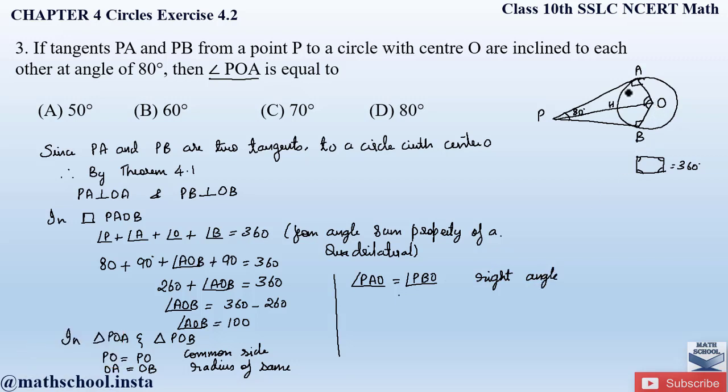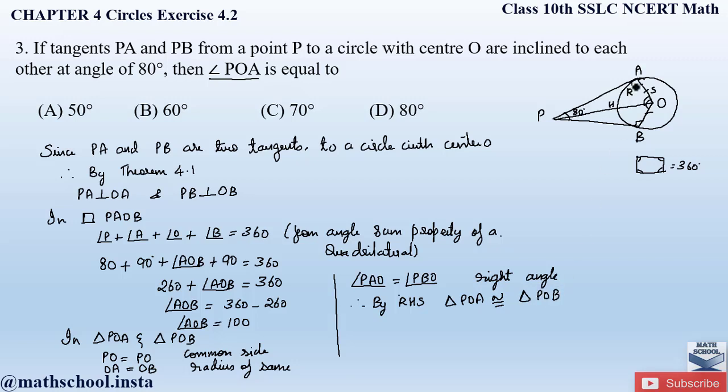So here we have a right angle, hypotenuse and one side which is equal. Therefore by RHS congruency criteria we can say that these two triangles are congruent. So by RHS congruency, triangle POA is congruent to triangle POB.